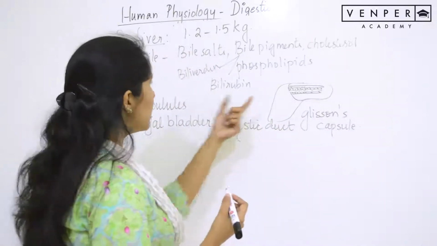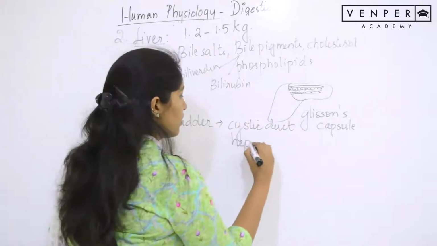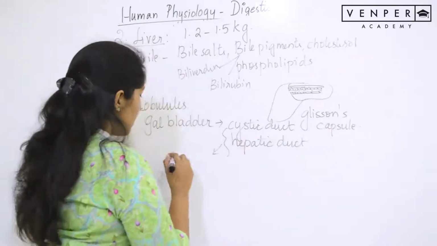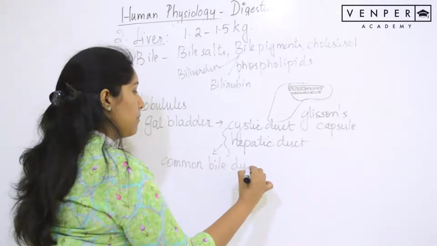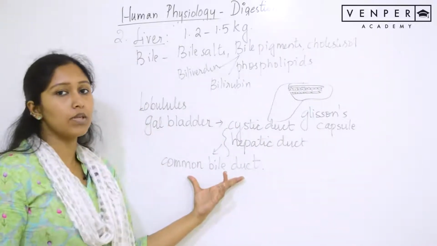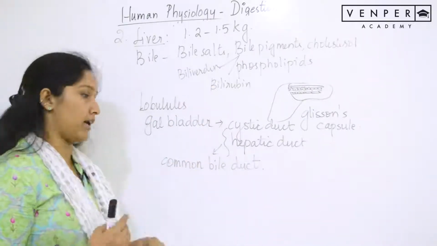and along with the duct from the liver, the hepatic duct, it together forms the common bile duct. So this is the duct which actually joins with the pancreatic duct, and they form the hepatopancreatic duct.